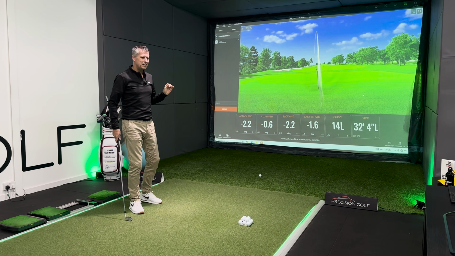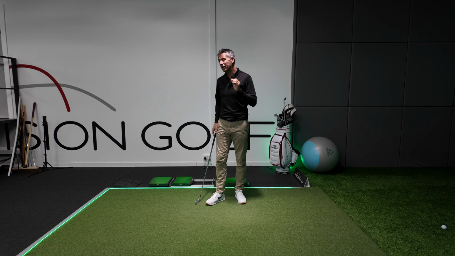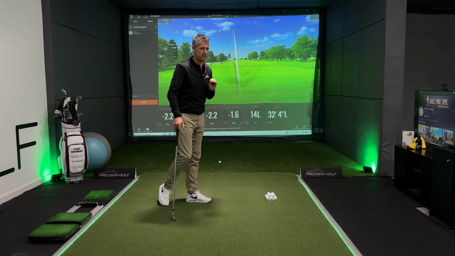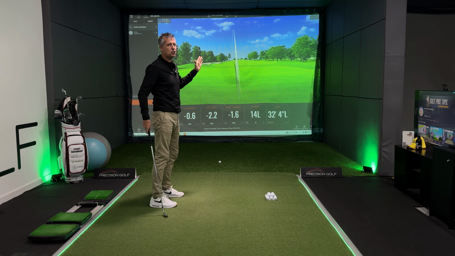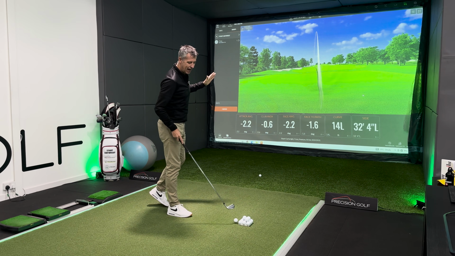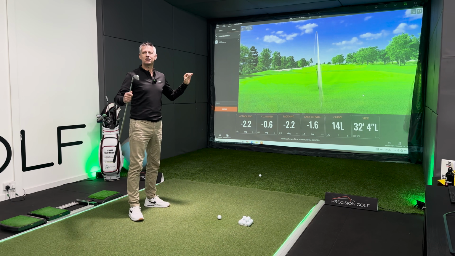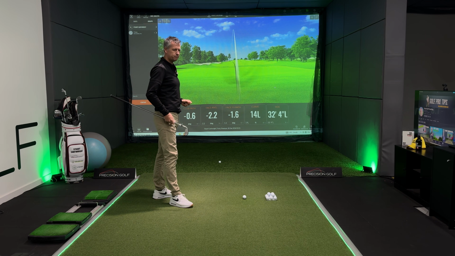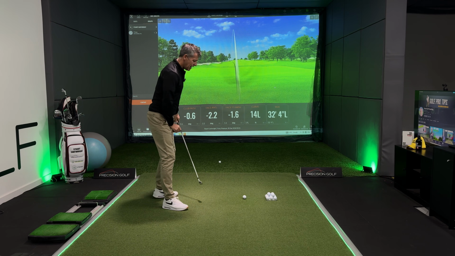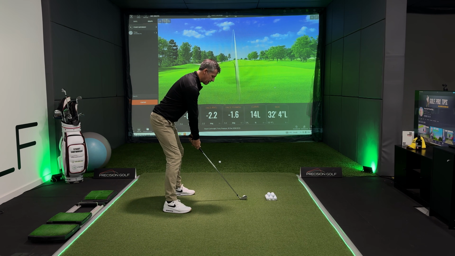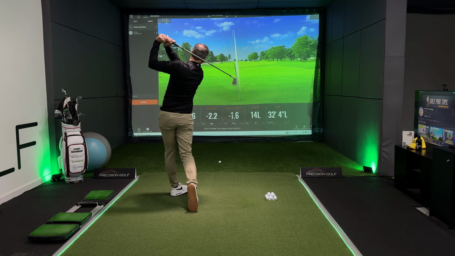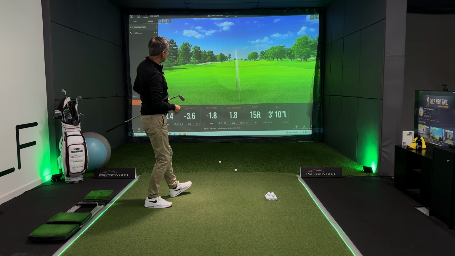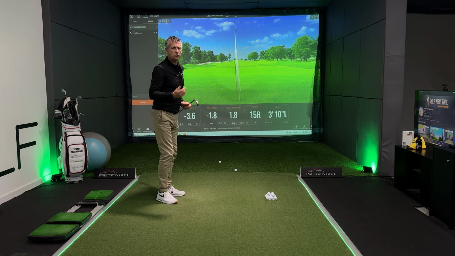Now, you must understand that a closed face to path by only 1.6 is awfully straight. If you were outside and you saw that ball, it wouldn't have anywhere near the bend that the graphic displays. It would be incredibly straight. We're going to then hit a little bit of a fade. So we're going to make that ball bend slightly left to right with a face to path value that is 1.8 positive.